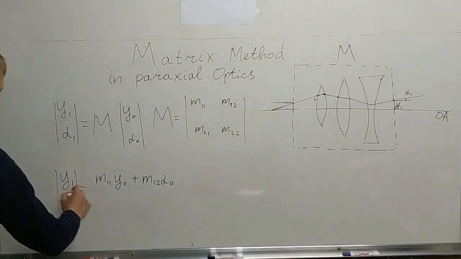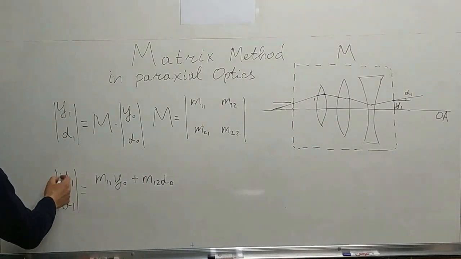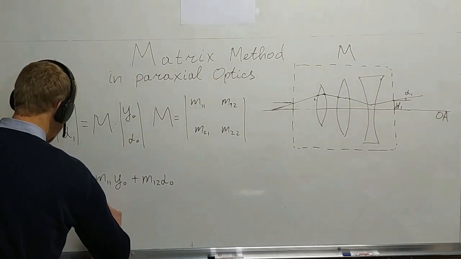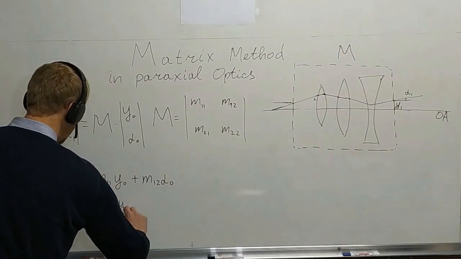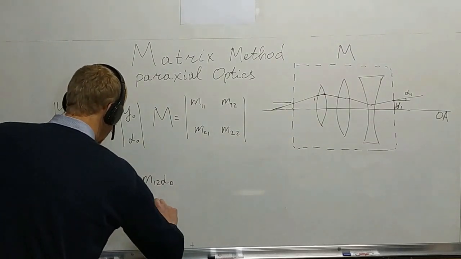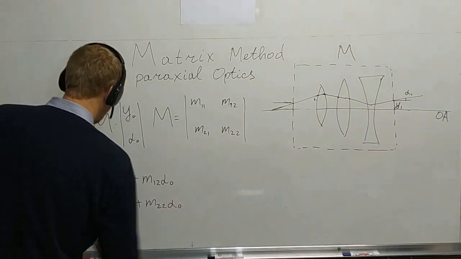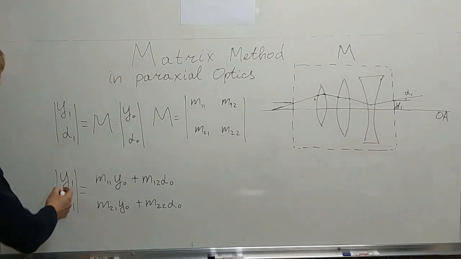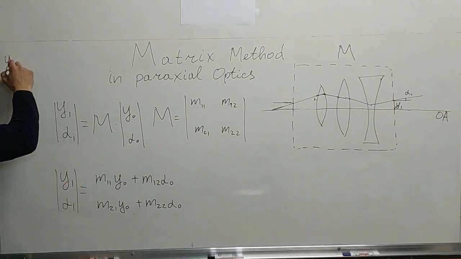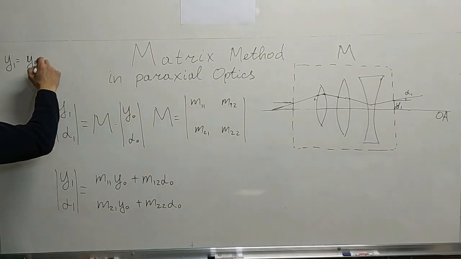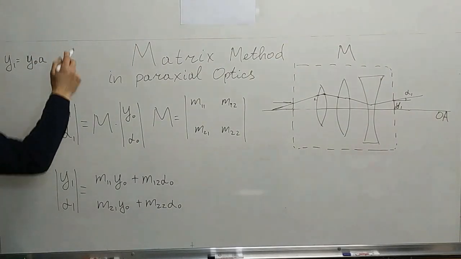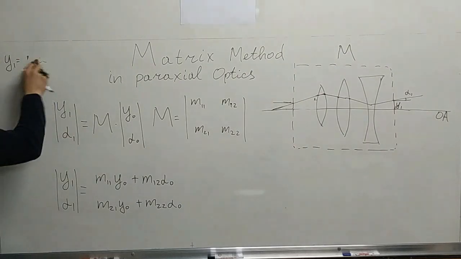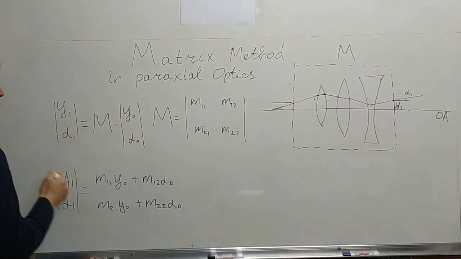That will be one number, which corresponds to y1, and the second number, m21 y0 plus m22 alpha 0, which will produce for me alpha 1. So practically I have two equations, which can be written y1 is equal to a y0 plus b alpha 0, but actually it's not important in this case.